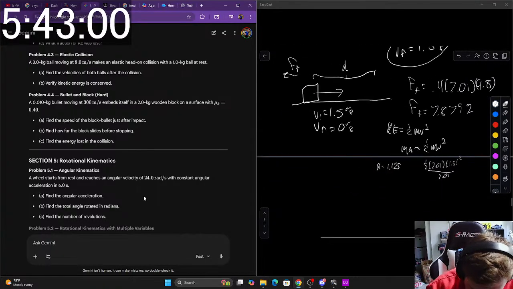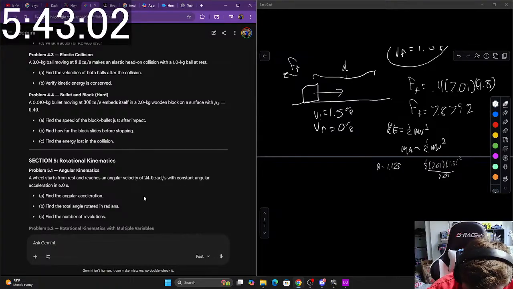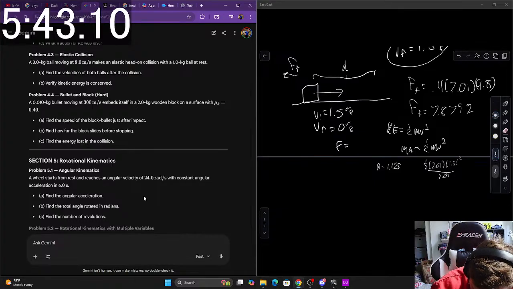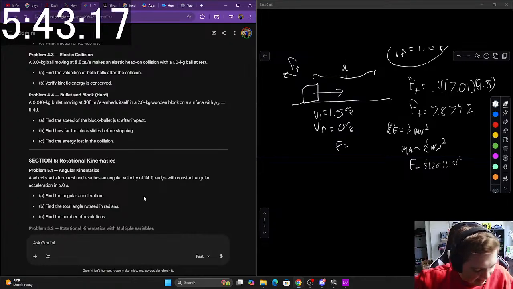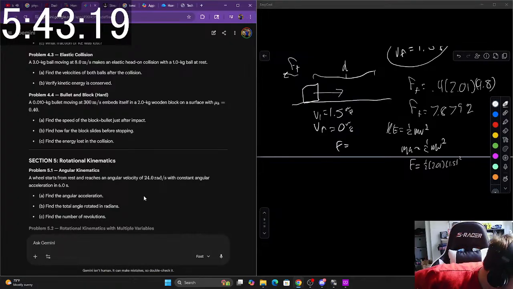Well, force equals MA. Oh. We don't need to find the A. We just need to find the force, which is equal to 1/2 mv squared. So, just this part is equal to the force. Can I set MA equal to 1/2 mv squared? I don't know if I want to do that.